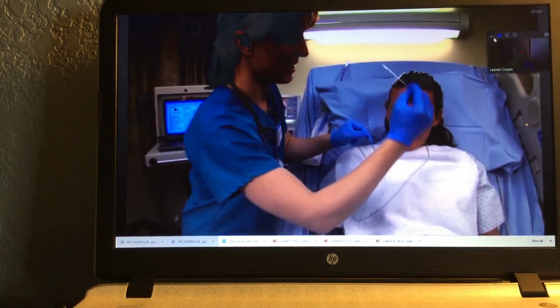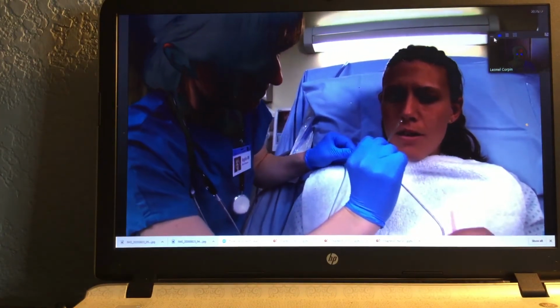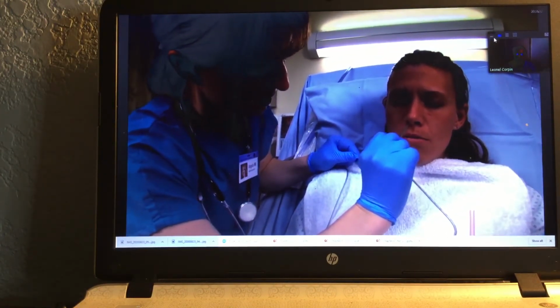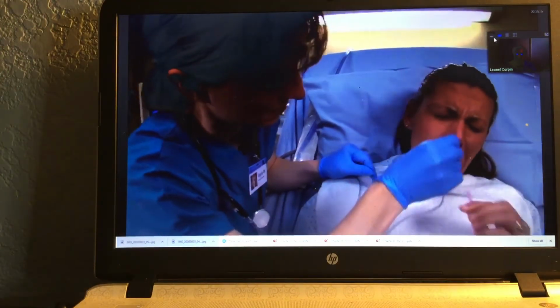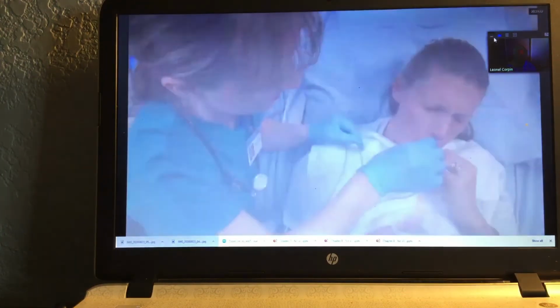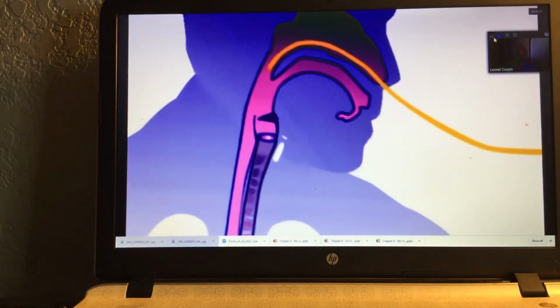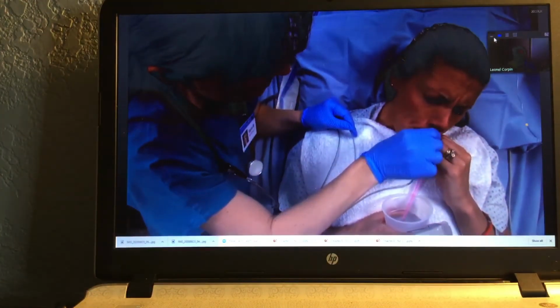Okay, now I'm going to have you take a deep breath in. While passing the tube through the nasopharynx, ask your client to flex her head toward her chest. Go ahead and swallow and put your chin to your chest. This action closes off the epiglottis and reduces the risk of the tube entering the trachea.